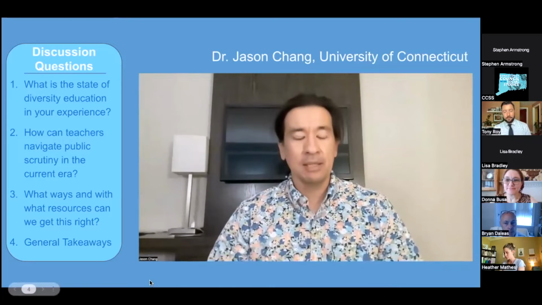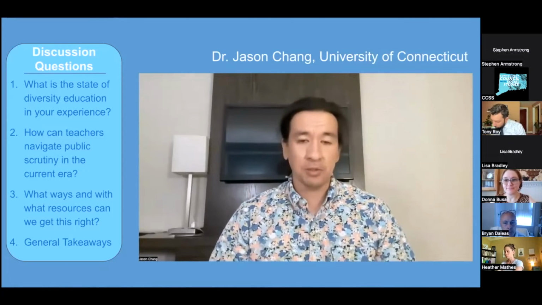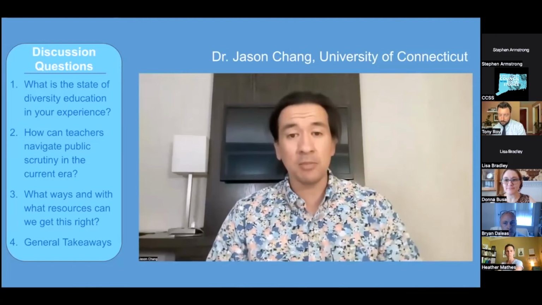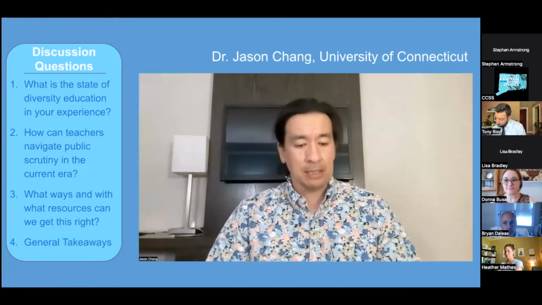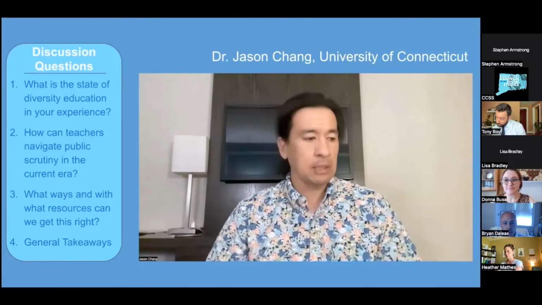Hi, everyone. My name is Jason Chang. I'm an associate professor of history and Asian and Asian American studies at the University of Connecticut. I also direct the Institute for Asian and Asian American Studies there. I wear a couple of other hats that are relevant to this work.